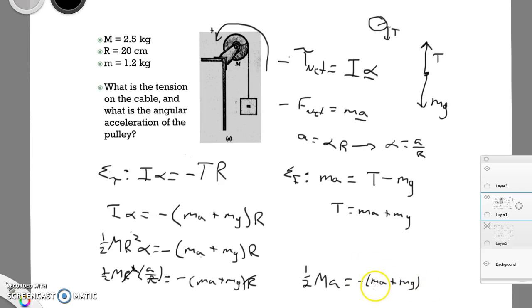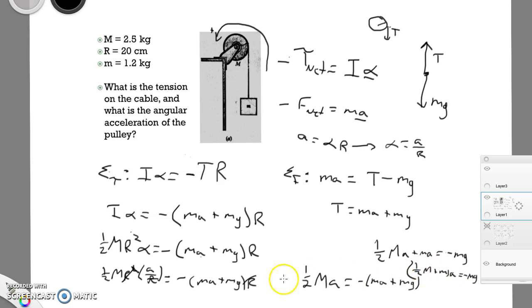So we distribute that negative and add this over, so that 1/2 Ma plus little ma equals negative mg. Almost there. We'll go ahead and substitute in values, and we can factor out the a here. So (1/2 M plus m) times a equals negative mg.